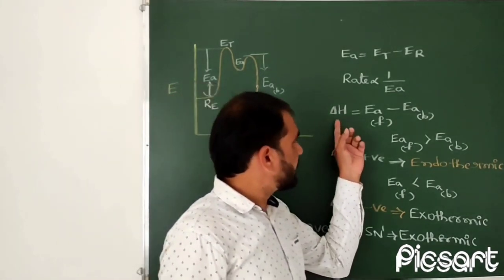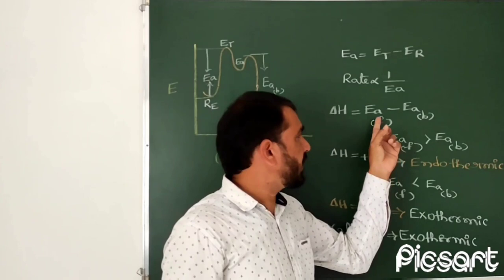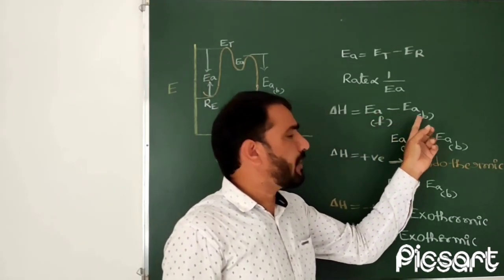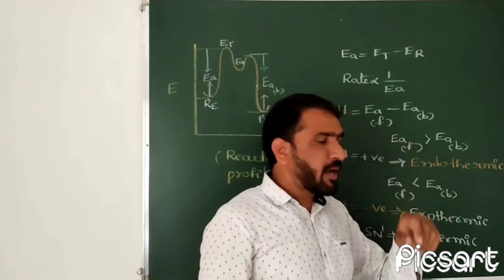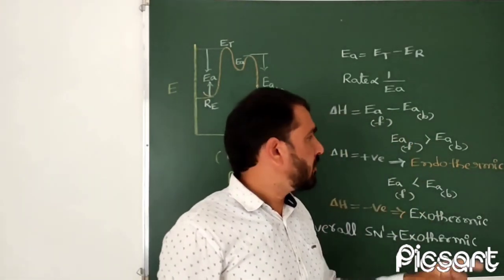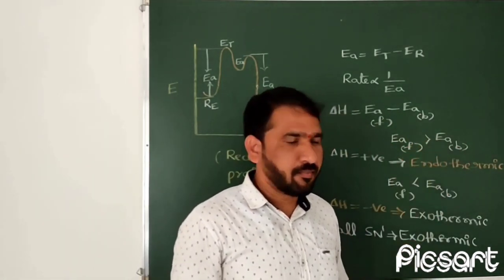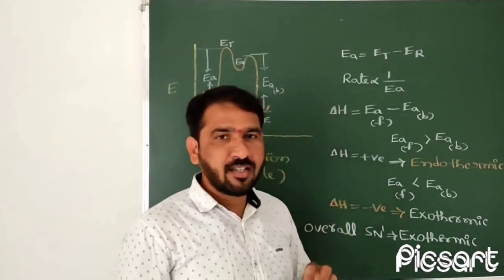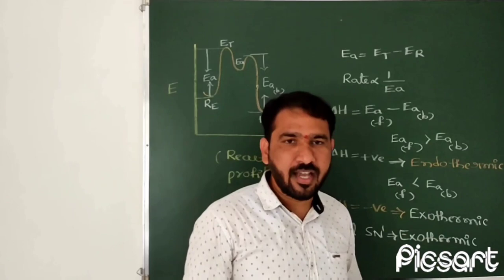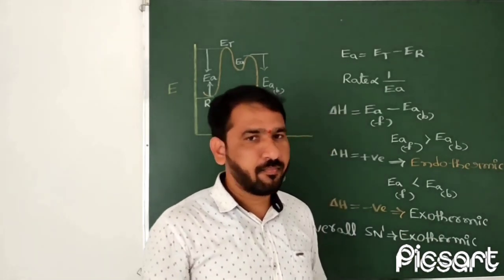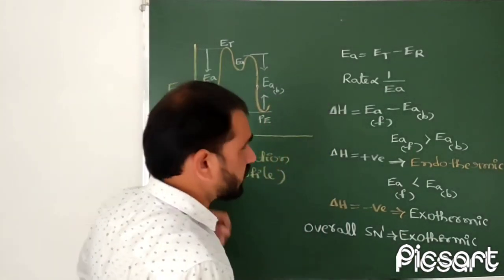Here reaction enthalpy is equal to forward step activation energy minus backward step activation energy. If forward step activation energy is greater than backward step activation energy, then resultant reaction enthalpy is positive, so that is considered as endothermic. So that first step is endothermic.